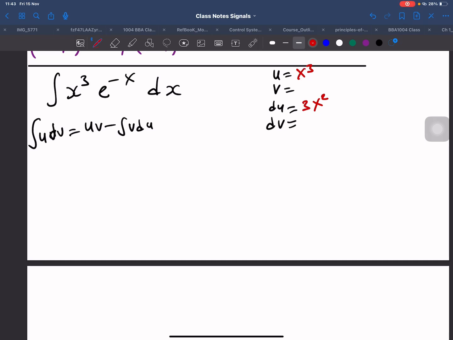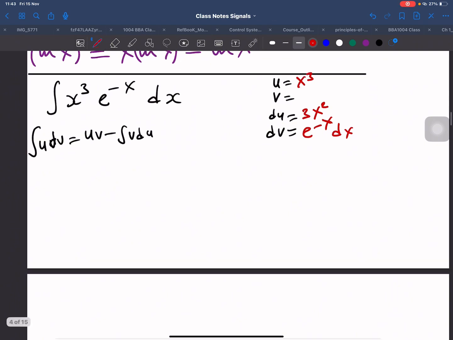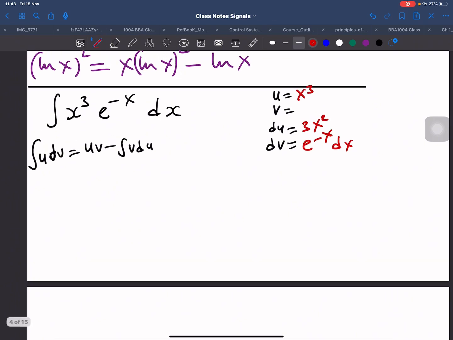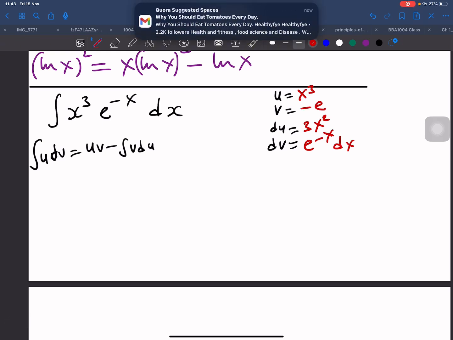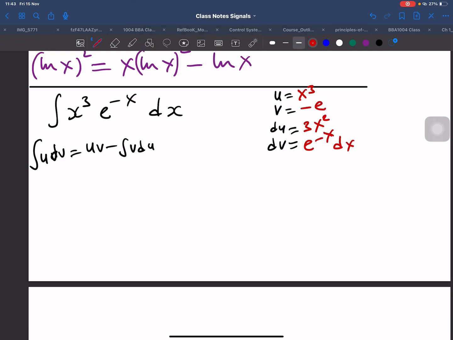Then dv is going to be the remaining part, that is e raised to the power minus x dx. And then our v is going to be the integral. If you integrate e raised to the power minus x, what we are going to have is minus e raised to the power minus x. Simple.